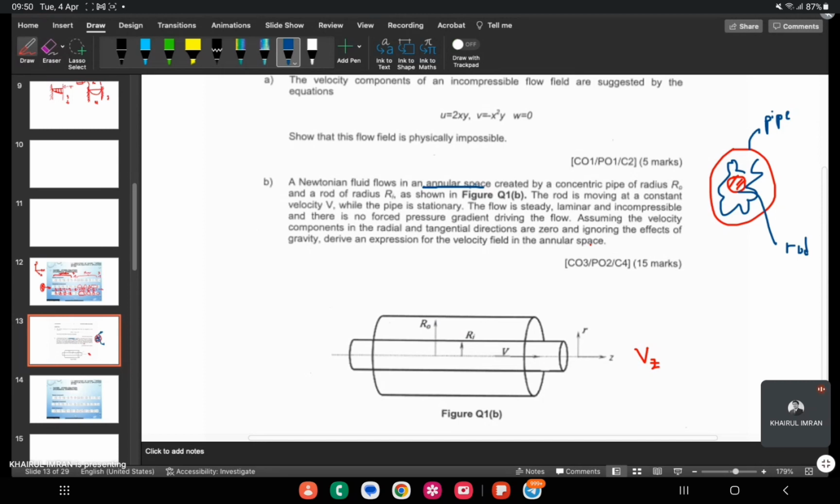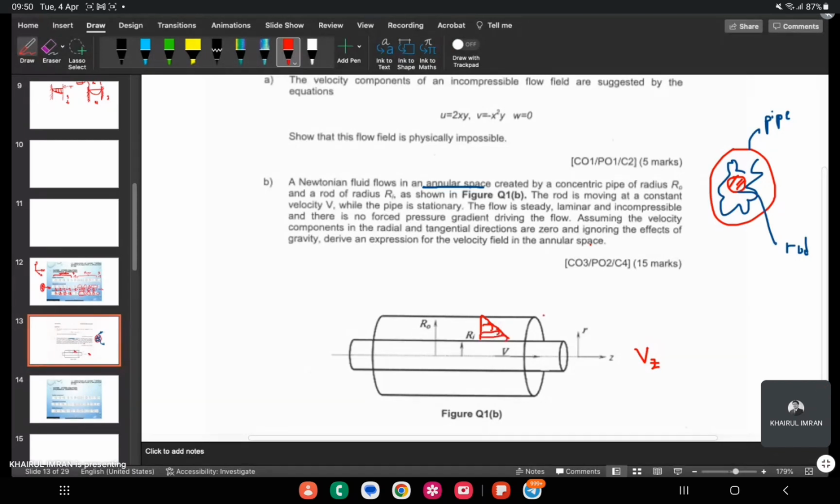So now the rod is moving at a constant velocity V. So Vz, constant velocity V. So this one is R. So the first part of this step is to draw the velocity profile. So atas fixed, the pipe is not moving, only the rod is moving. So the drawing should be like this.